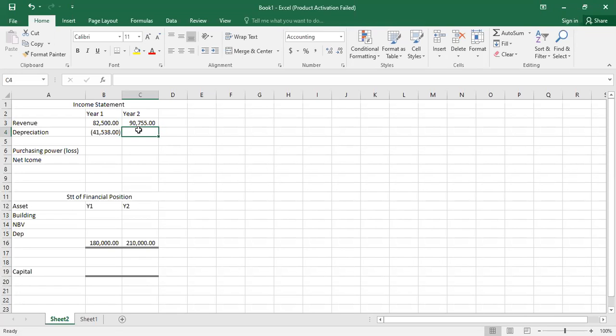What is the depreciation for the second year? What is our own cost as at the end of the second year? It is this figure, 210. So 210 divided by 4 and a third, or rather multiplied by the reciprocal of the improper fraction, 3 over 13.